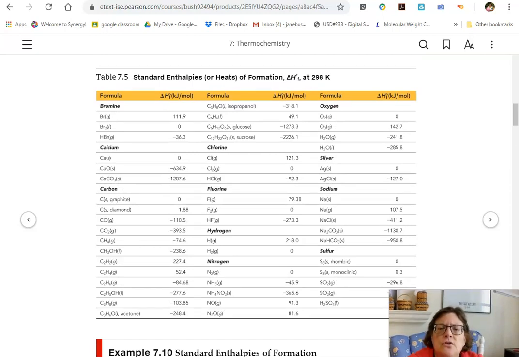These are values of the energy required to create 1 mole of the substance given. For instance, bromine, the top one there, takes 111.9 kilojoules to make 1 mole of bromine, a single bromine atom as a gas.